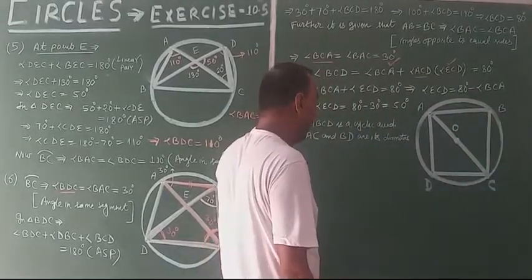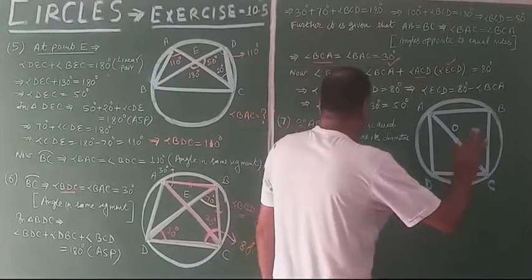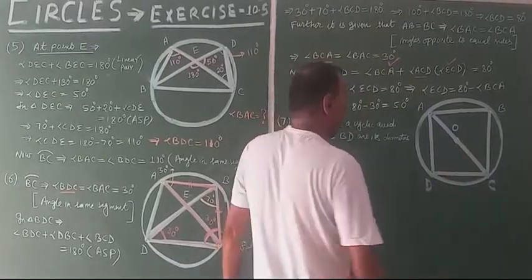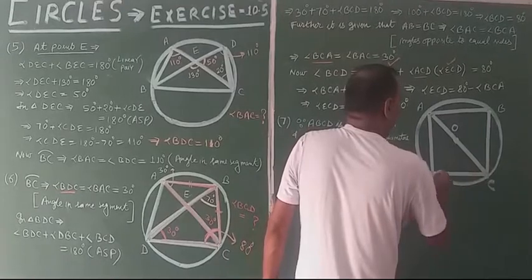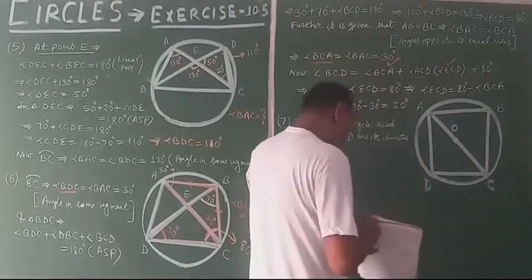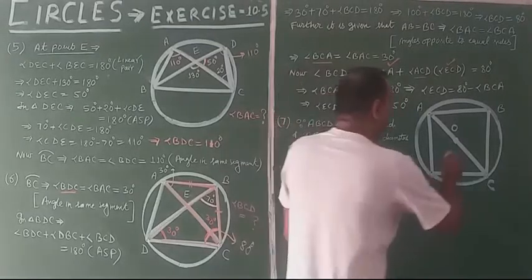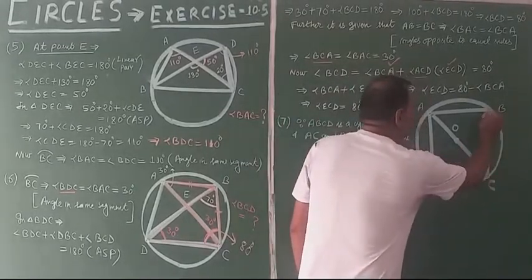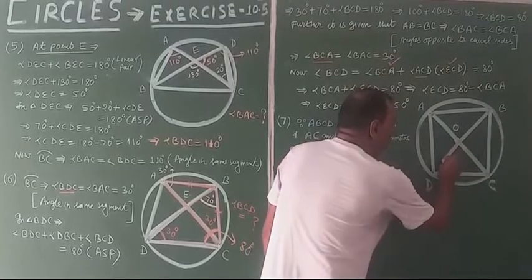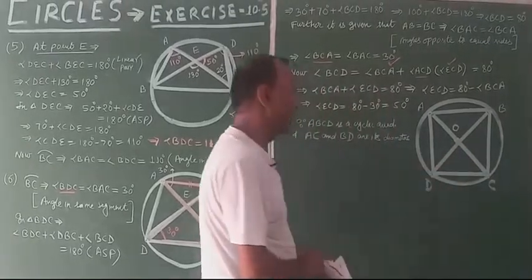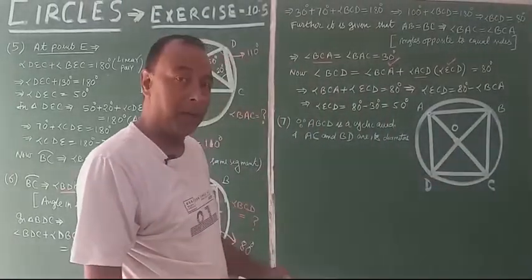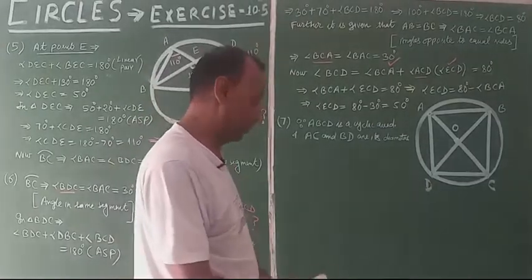And its diagonals AC and BD are both diameters of the circle.